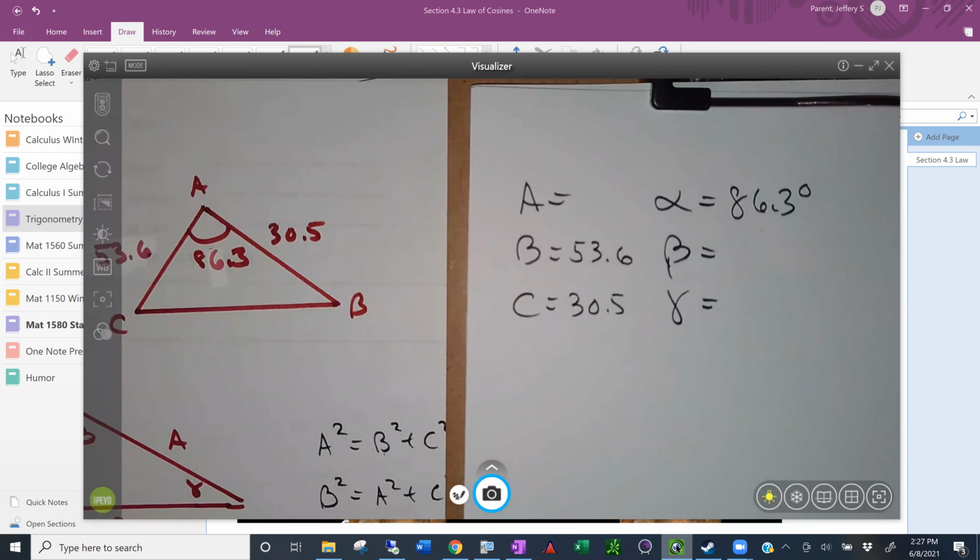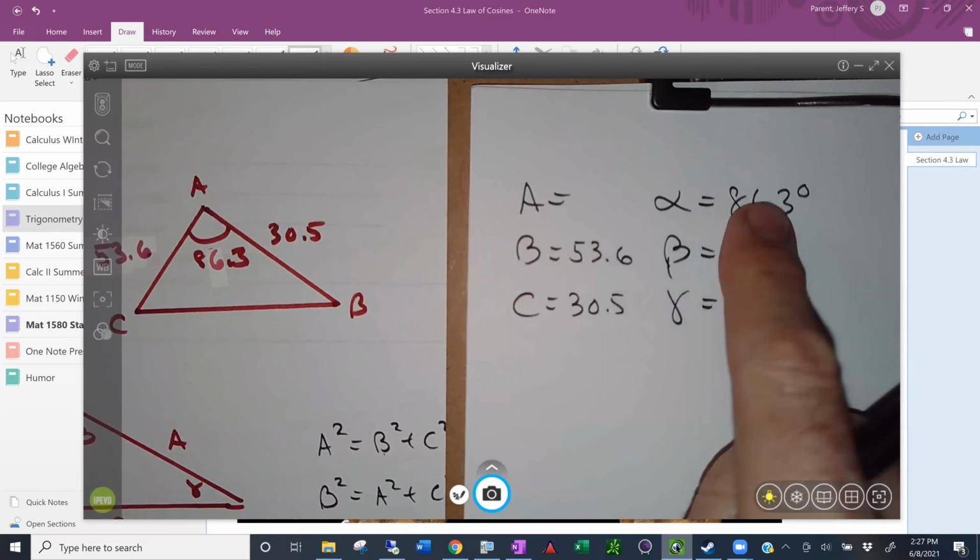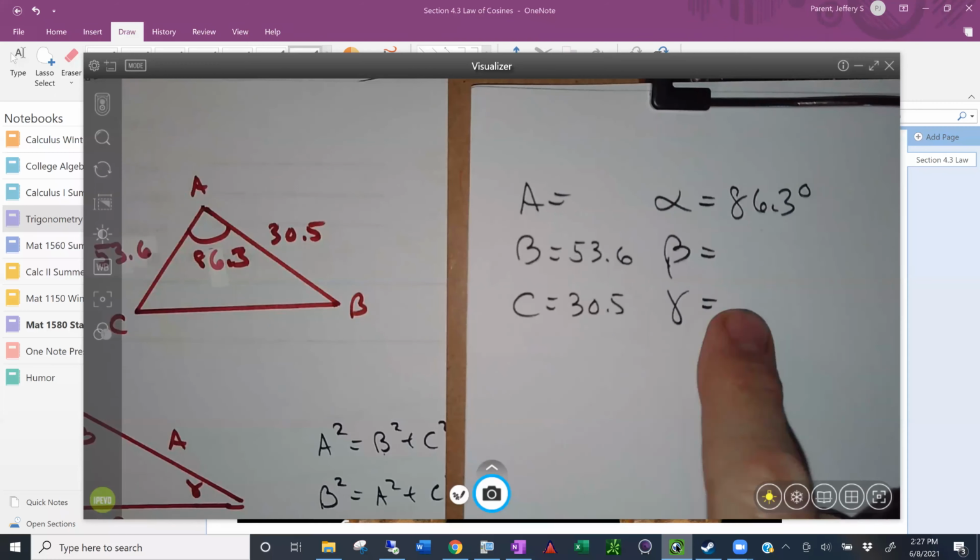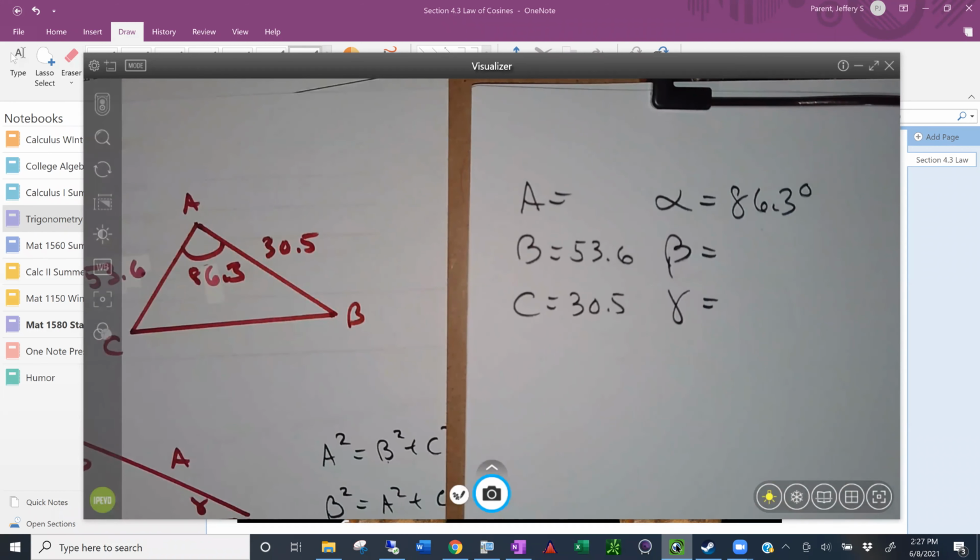So the problem in terms of using the law of sines is I don't have any side and angle pairs. I don't have any complete pairs of that. So I can't use the law of sines here. I've got to use something different, and that something different is the law of cosines.